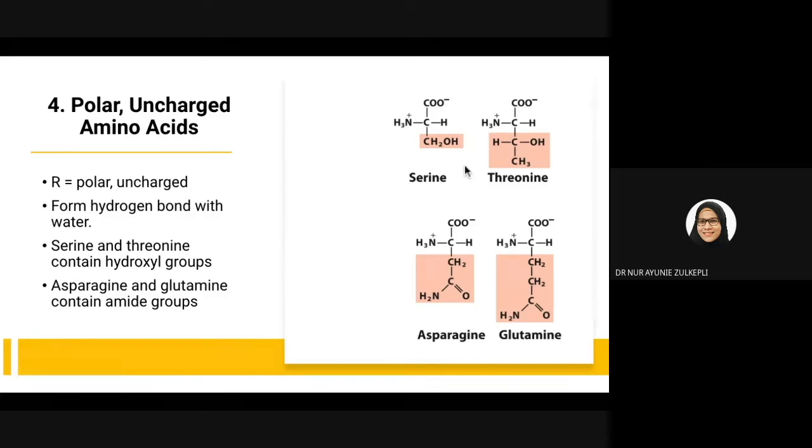Serine and threonine have a hydroxyl group in their side chain, and asparagine and glutamine have an amide group, where the nitrogen binds to the carbon, forming the amide group here at the side chain. So as you can see here, there is an amine group at the side chain. Right, does everyone understand?